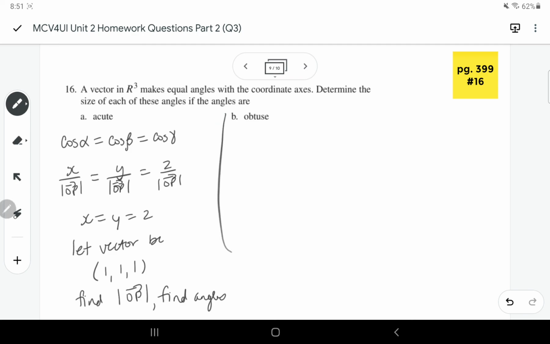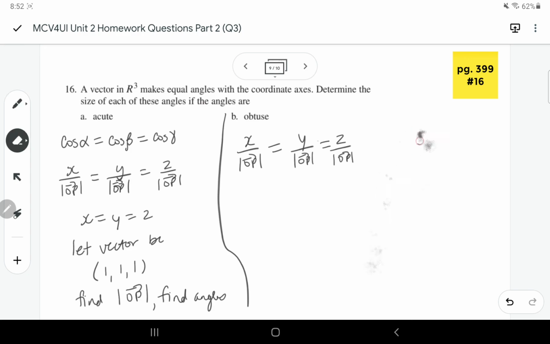The next one says obtuse. So it's going to be a similar argument here. So we'd have x over the magnitude of OP would equal y over the magnitude of OP, which would also equal z over the magnitude of OP. But remember, if we have an obtuse angle theta, so that's between 90 and 180, cos theta is negative.